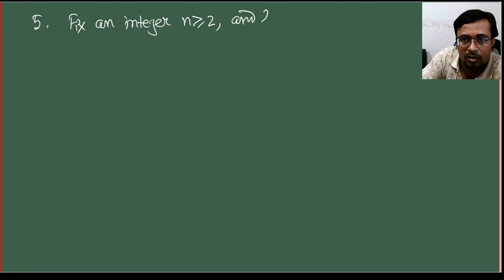Now next, let us see another example. Group of nth roots of unity. Take an integer n greater than or equal to 2 and let mu n equal the set of all z belonging to C such that z to the power n equals 1.